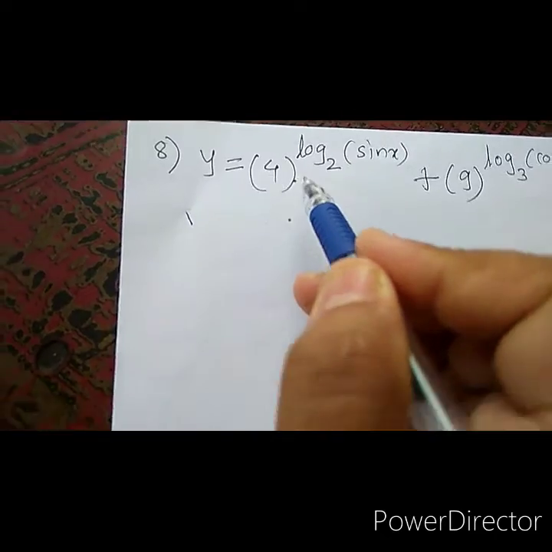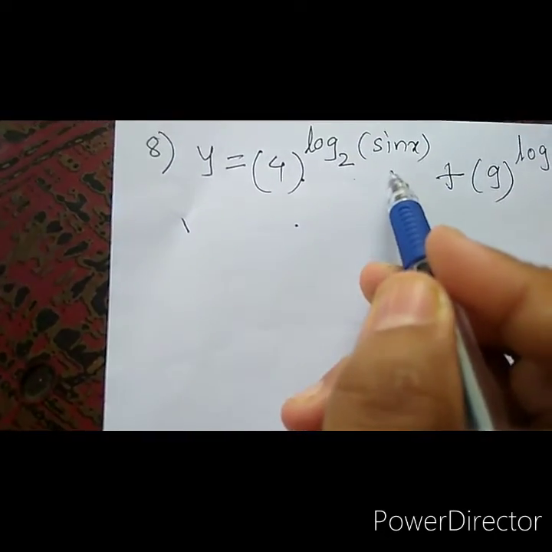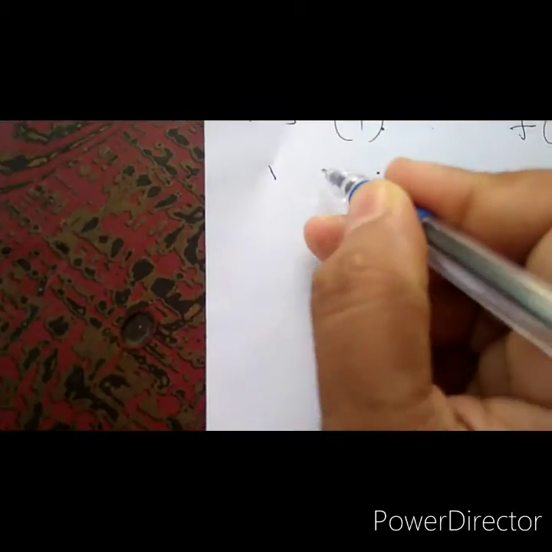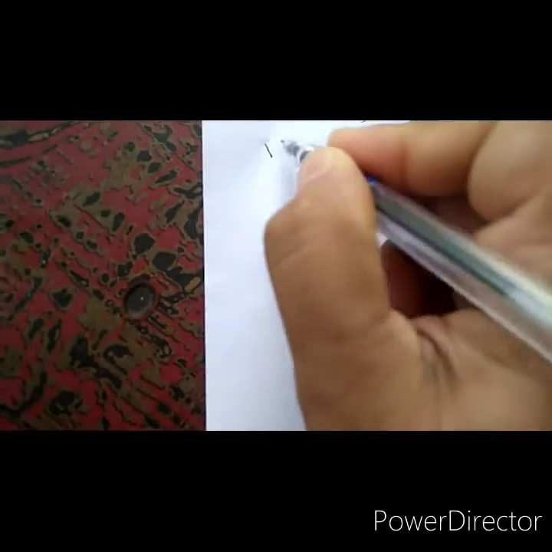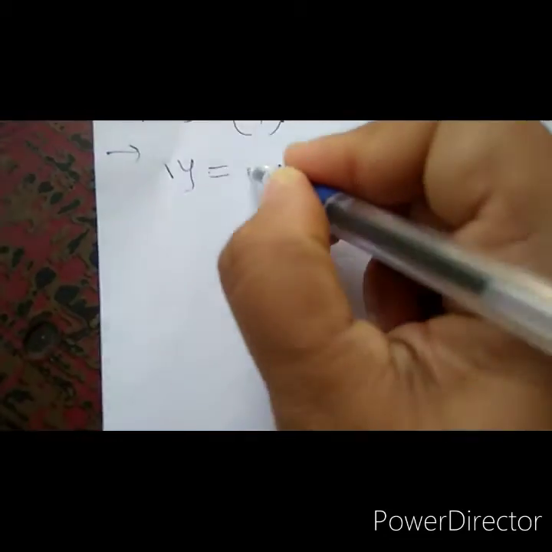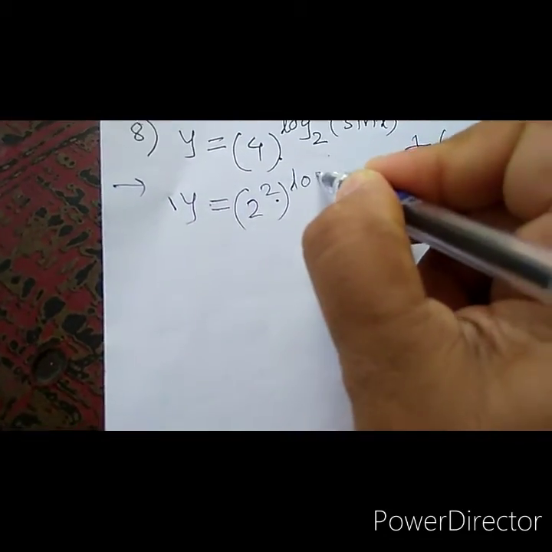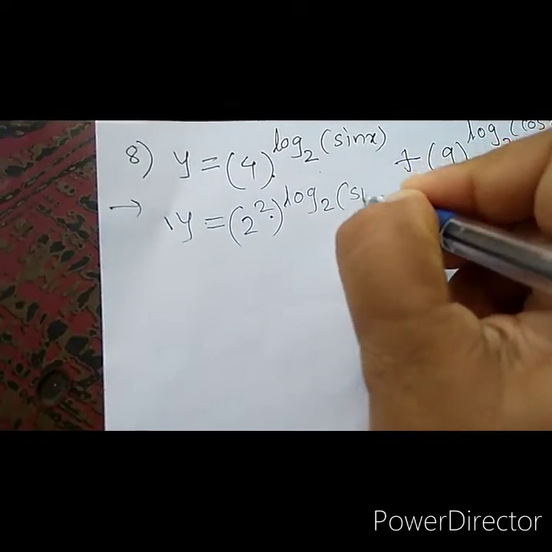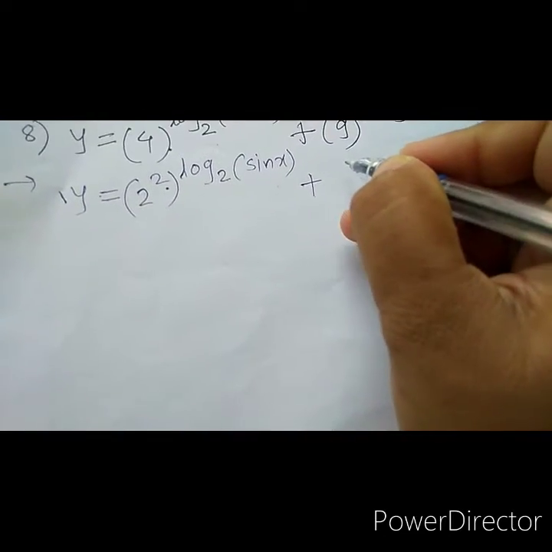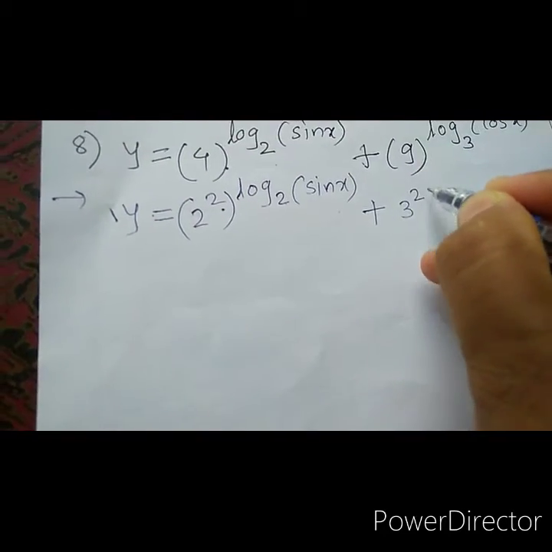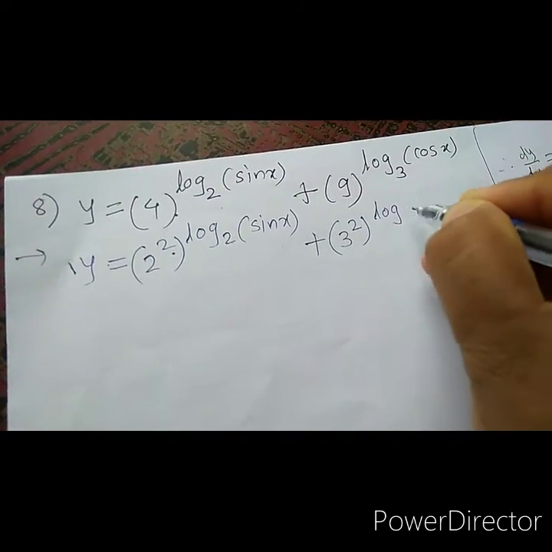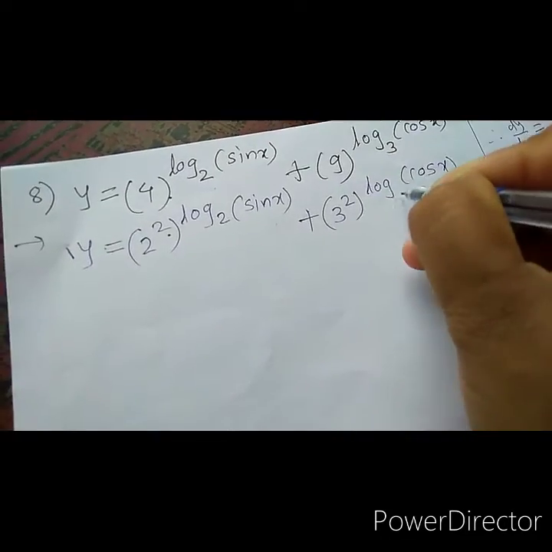So we can write y is equal to 4 is square of 2, therefore 2 square raised to log of sin x to the base 2, plus 9 is square of 3, therefore 3 square into log of cos x to the base 3.